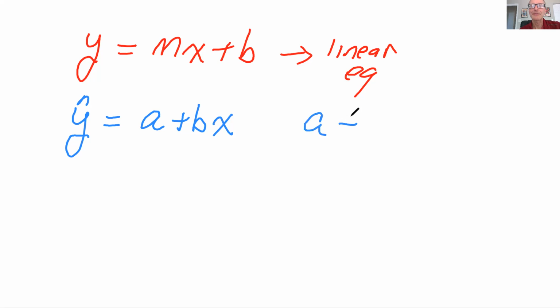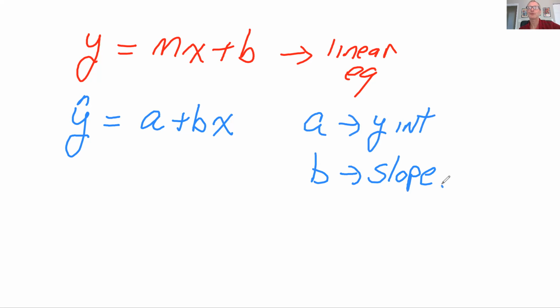Where a is the y-intercept and b is actually the slope. It's kind of annoying, but when you use technology, they're going to give you these values, and you need to know how to correspond those to the equations. Your calculator gives you a and b, and a is the y-intercept and b is the slope.